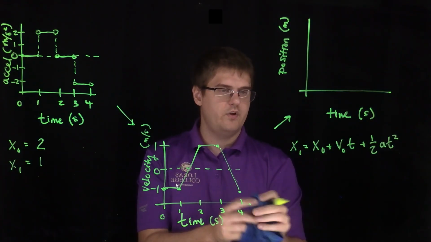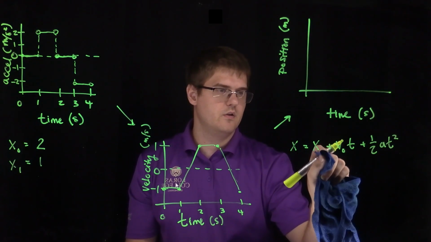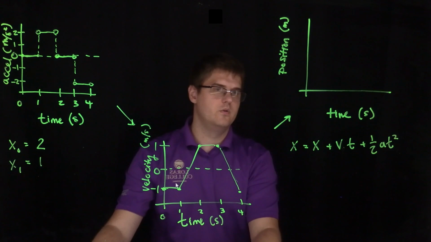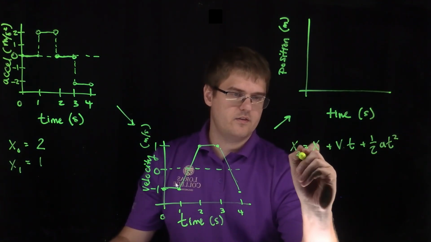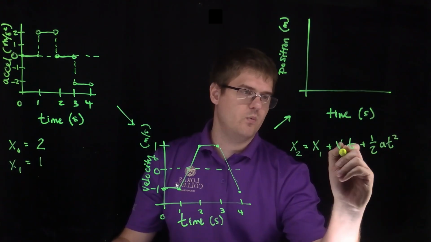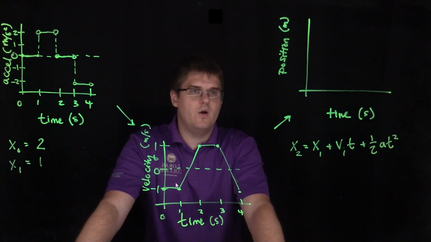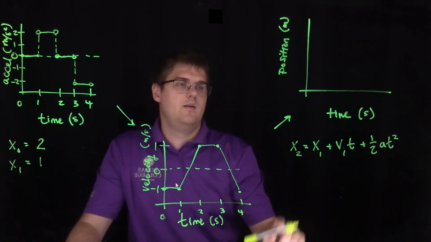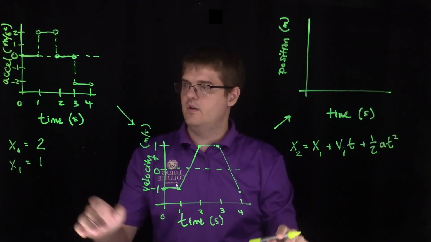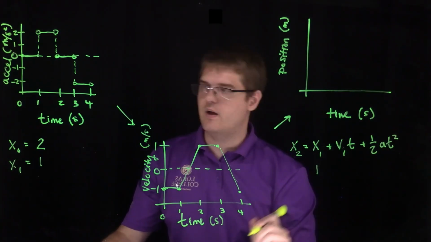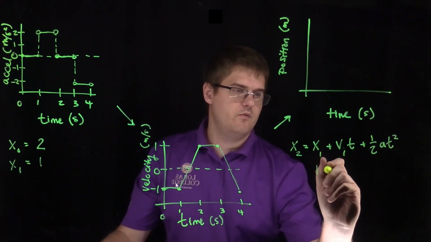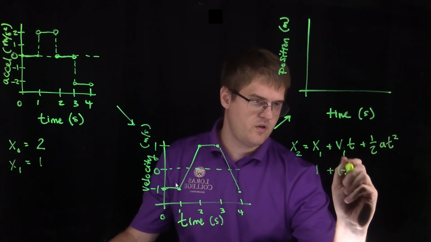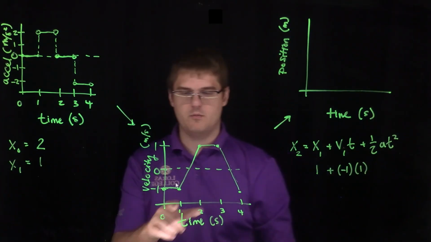And I'm going to save myself a little bit of writing. Next step, between 1 and 2. So I have x2 is equal to x1 plus v1t plus 1/2 at squared. Same equation we've been using like crazy. x1 is 1. We just found that. v1 is -1. I've got a change in time of 1 second because I'm going from 1 to 2 seconds.